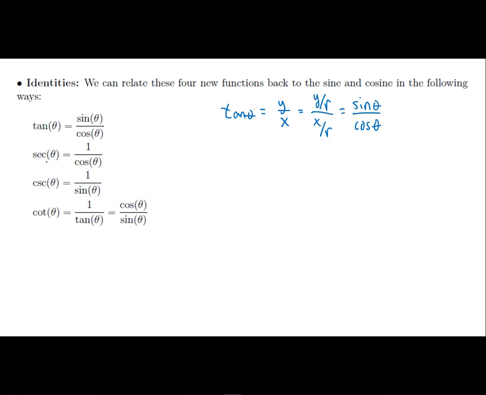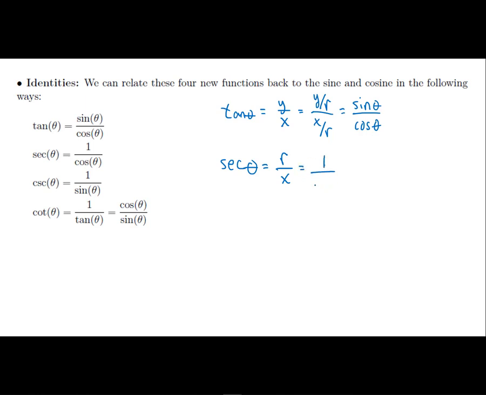And so that's where this relationship here comes from. Then we have the secant of theta is equal to 1 over the cosine. On the previous page, we defined the secant of theta to be r over x. But just understand this is the reciprocal of x over r.